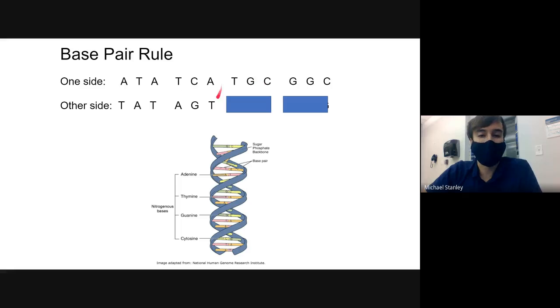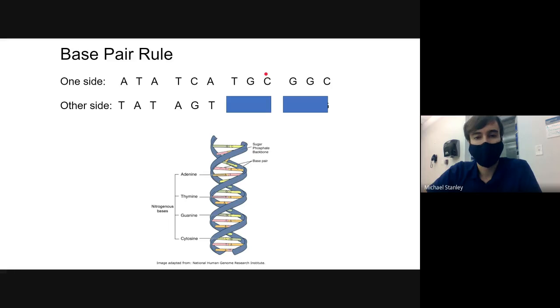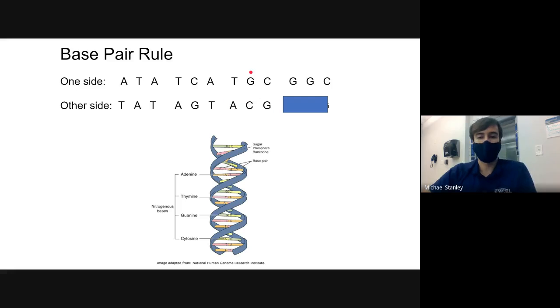What about for our third group over here? What will match up with TGC? ACG. Bingo. So T always matches up with A, G always matches up with C, and C always matches up with G. And then finally, what is going to match up with our final group of GGC?